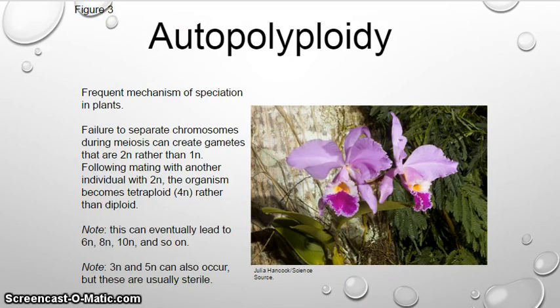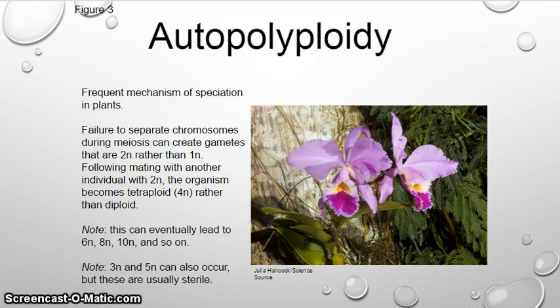Now let's take a look at plants again for just a second. Plants can do all sorts of neat stuff because in most cases plants can reproduce sexually and asexually. So this failure to separate chromosomes during meiosis doesn't necessarily lead to a failure of fitness.